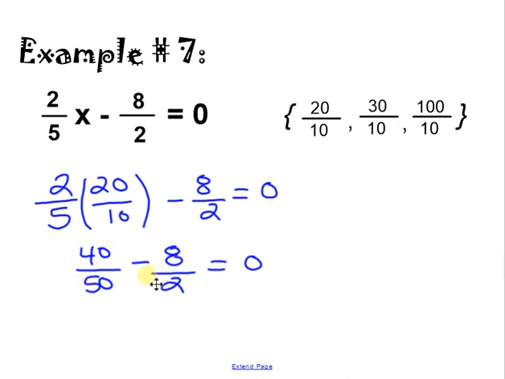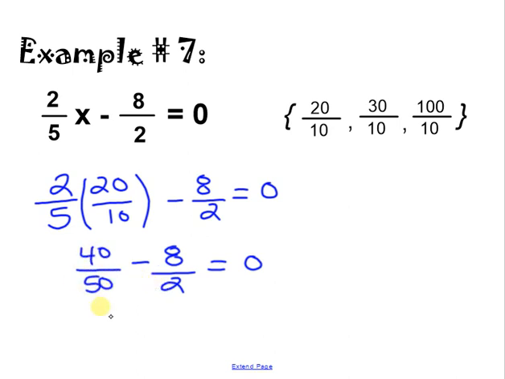Okay, so just by looking at this, make sure that you can solve this a couple different ways, okay? You can go ahead and find a common denominator and then subtract it. But if you're just using some common sense here, make sure that both of these fractions are as simplified as possible.